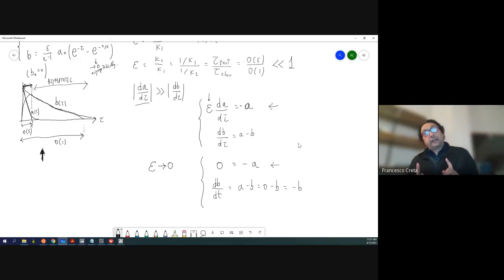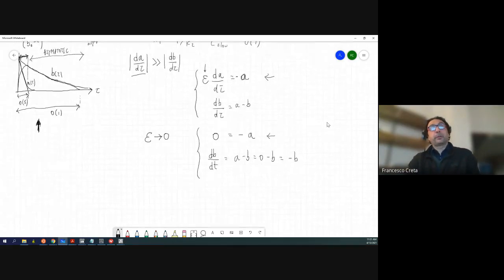Now it may seem obvious visually, but in fact we've done a rather important operation here. First of all, we've reduced the complexity of the system by shrinking epsilon to 0, driving the fast scales to be infinitely fast.